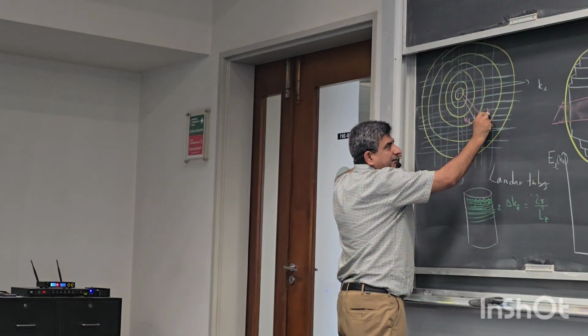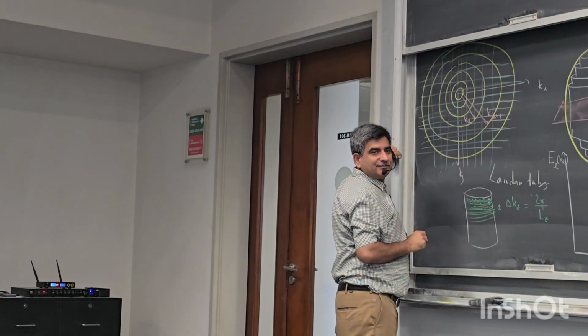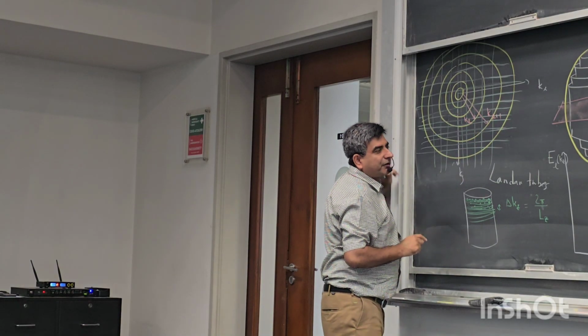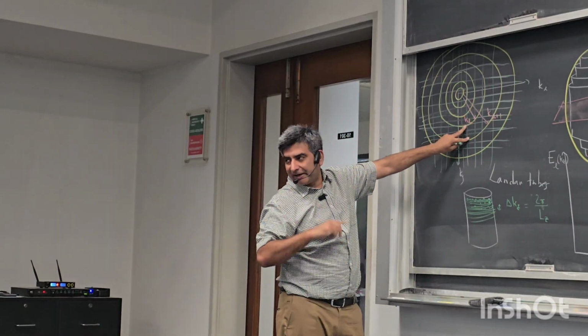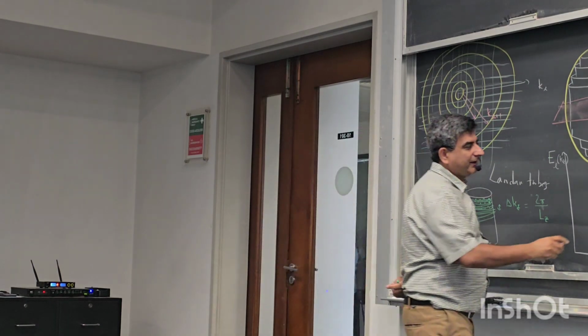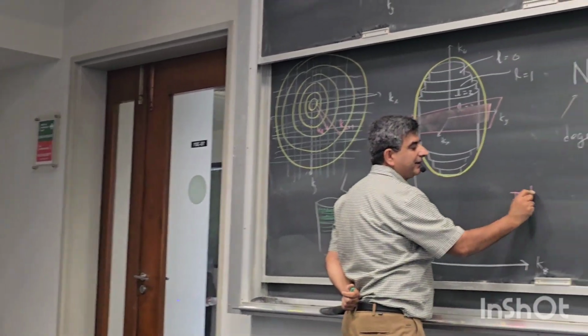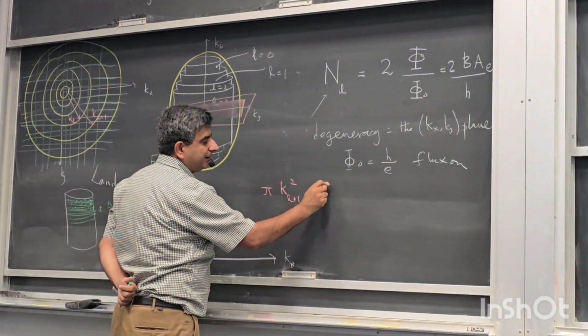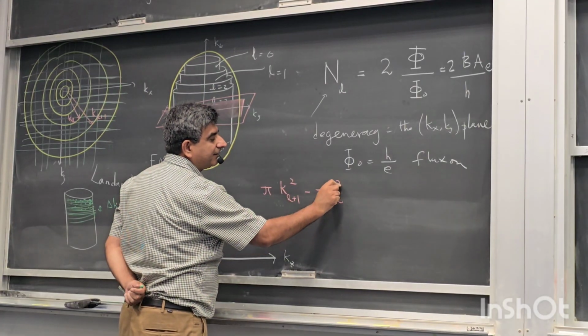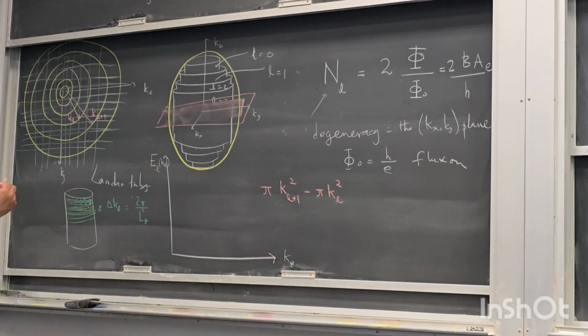This next radius is KL plus 1. So if I were to draw the area between these rings in the kx ky plane, I will get pi (KL plus 1) whole squared minus pi KL squared. So I've defined this new wave number KL.